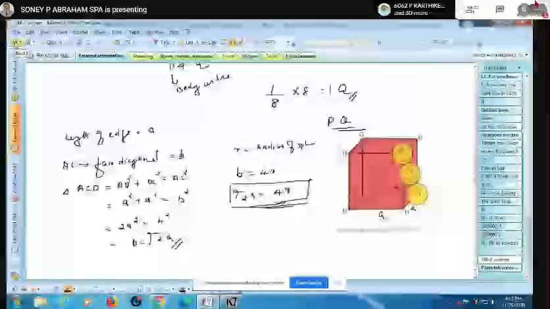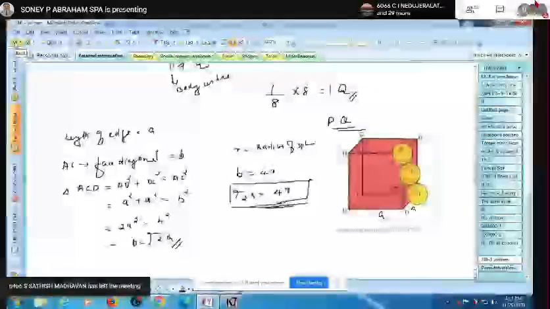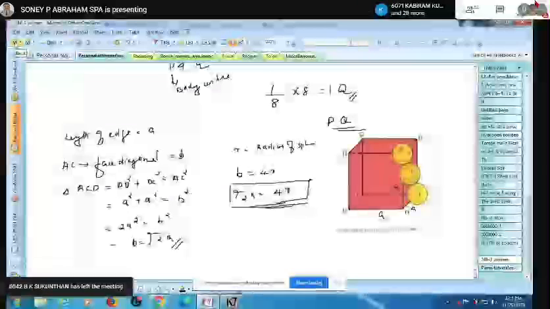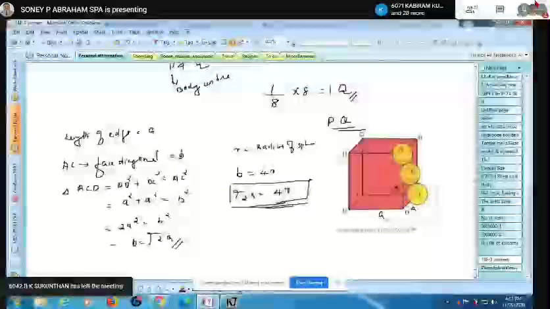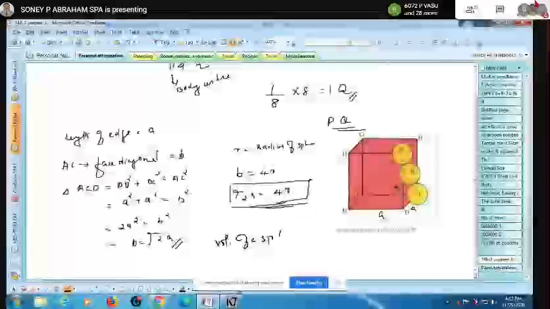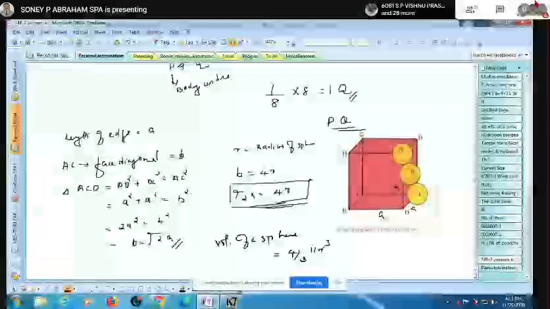Here we are talking about face centered cubic structure. In a face centered cubic structure, how many spheres will be there? 4. And what is the volume of a sphere of radius R? It is 4 by 3 pi r cube.